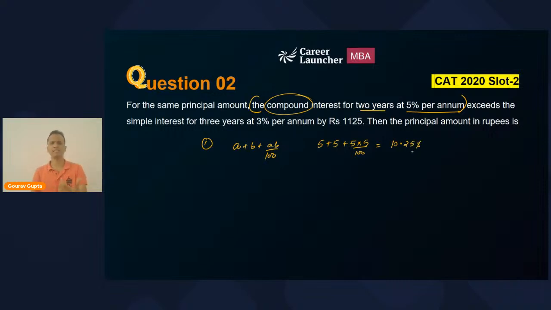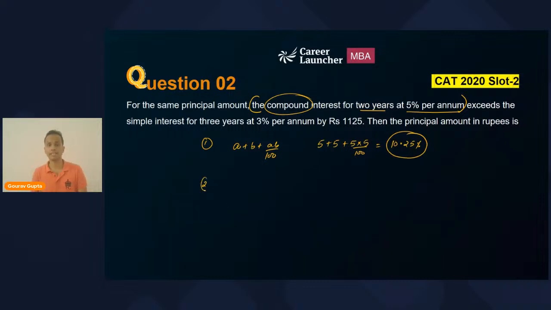Now, this is a very easy calculation and you can manage it orally as well. I have written it so that you will understand, but you can manage this type of calculation orally also. Clear? So I have the net increase in money in the first case as 10.25 percentage.